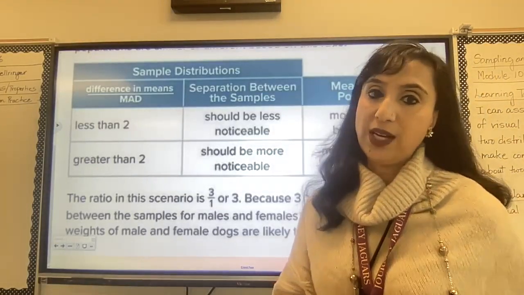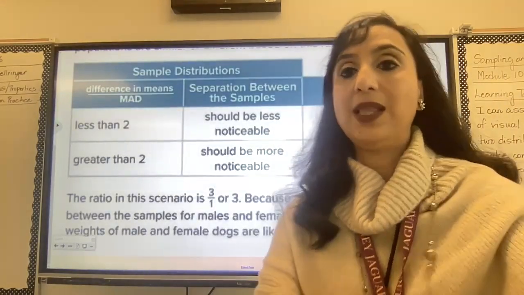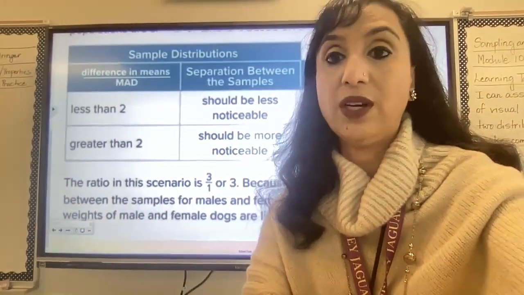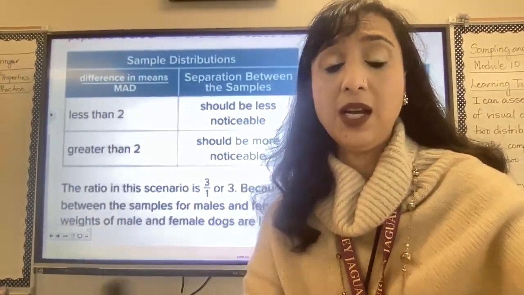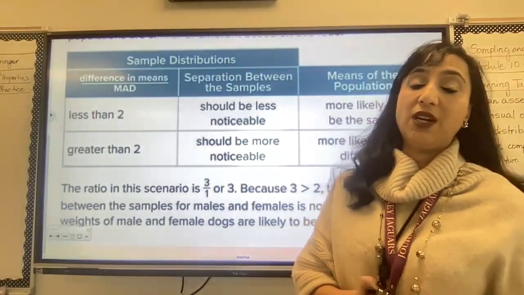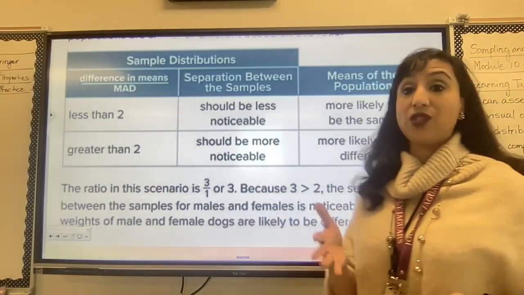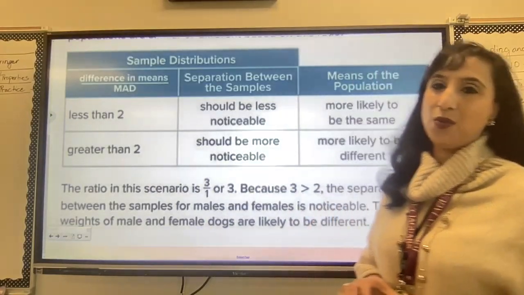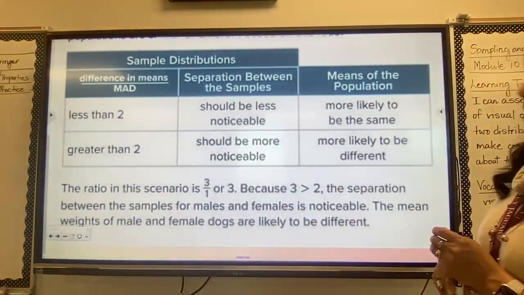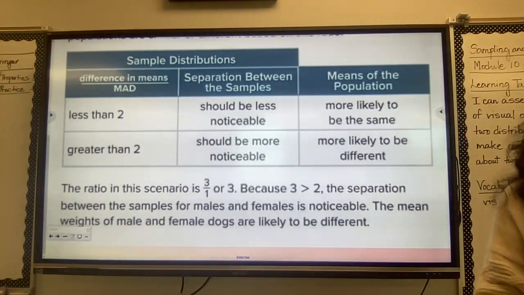If it is more than 2, it is going to be more noticeable. Therefore, when we look at the ratio of the difference in means to the mean absolute deviation, we definitely got 3 over 1 for the males and females. That is why it is going to be more noticeable in this case. They're going to be different.